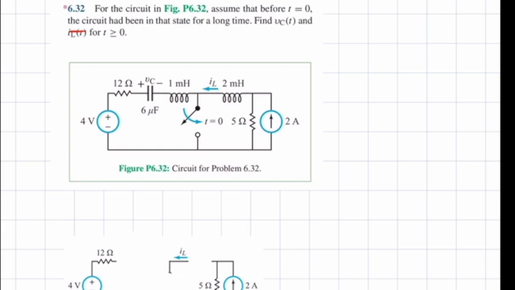We looked at identifying if it was in cutoff, active, or saturation mode, and comparing them to know what stage they were in, and then finding the current through them. So yes, there will be a transistor question. We'll add that, because I forgot we had that before the exam, which is why I forgot about it.